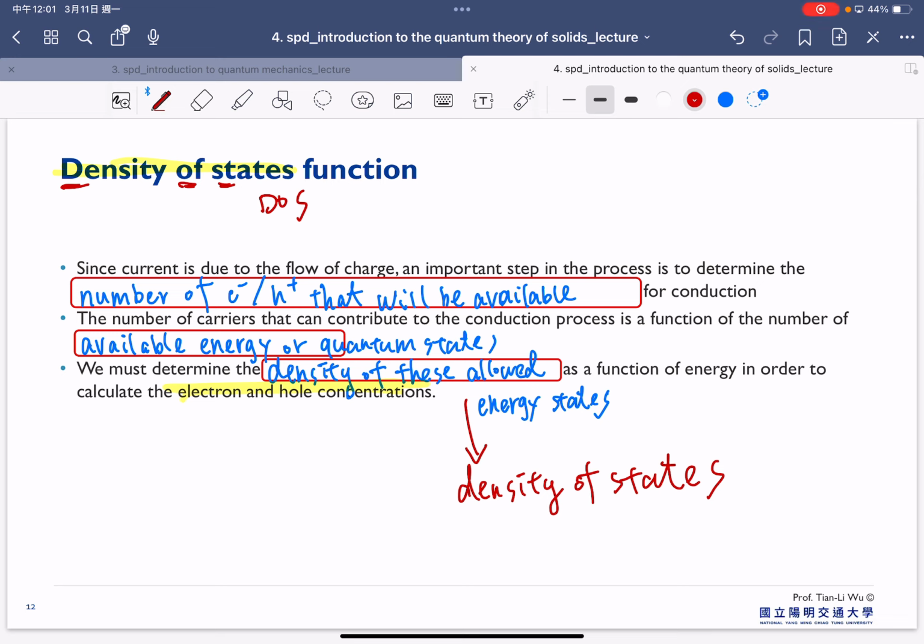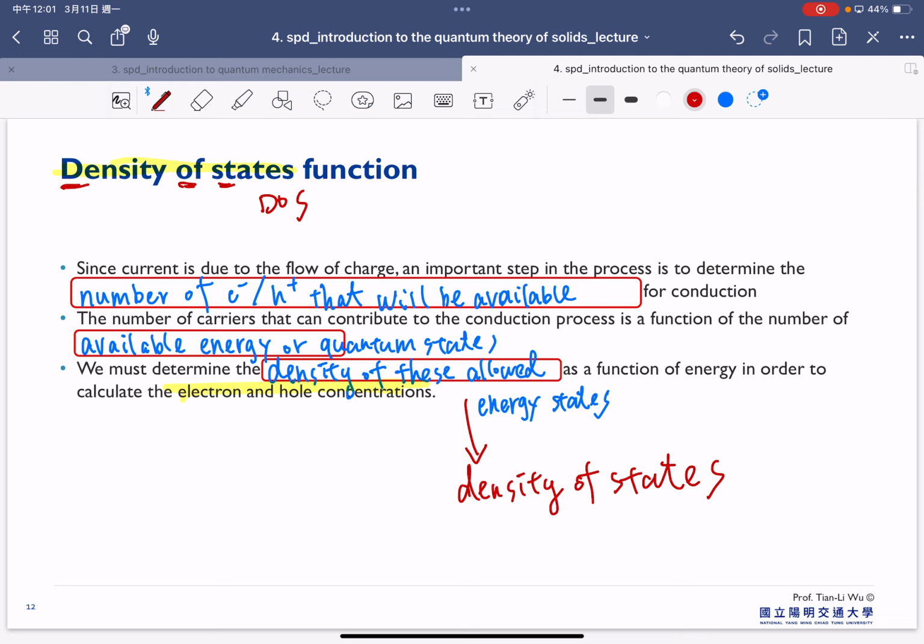To determine the current, first you have to determine how many carriers. But to understand how many carriers, you first need to understand how many available states allow the carriers to sit there.